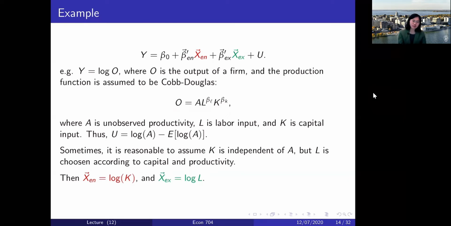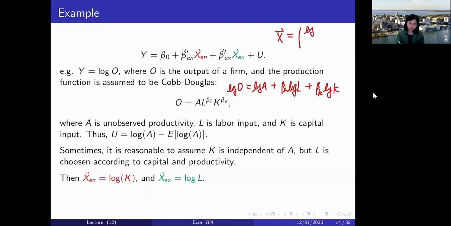And if we take logarithm on both sides, we're going to get log of O equals log of A plus beta L log of L plus beta K log of K. Then we take the expectation of log A as beta 0 and the demeaned version of log A as U, and we let this be Y, and let the vector formed by log L and log K be the vector of explanatory variables, X. So productivity is unobserved, but labor input and capital input are observed.